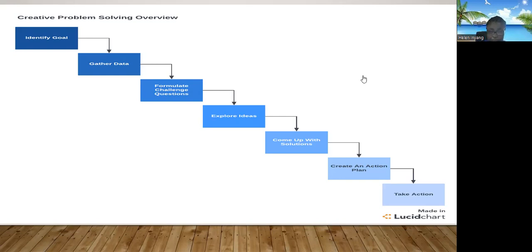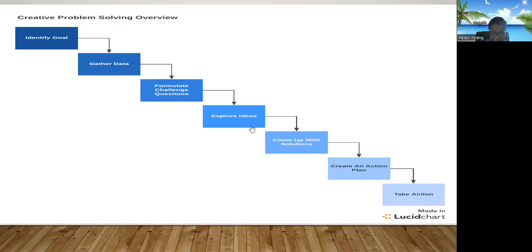The next one is explore the ideas. This step is where the brainstorming begins. You have to brainstorm, creating possible ideas or solutions to the problems you are facing.